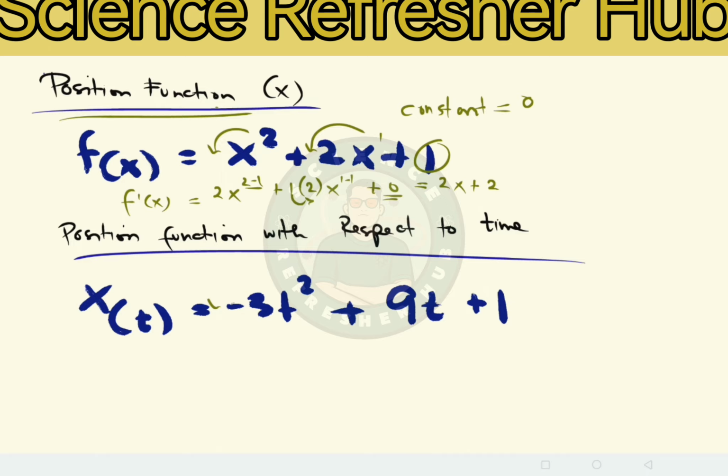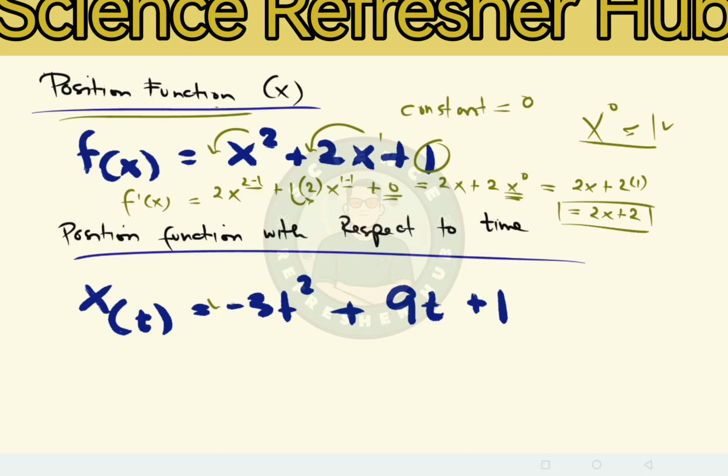Plus 1 times 2, it's 2x. 1 minus 1 is 0. And remember, if a variable is raised to 0, it is equal to 1. So we can further simplify our terms here. 2x plus 2, and we will change x to 1. So our derivative is 2x plus 2.